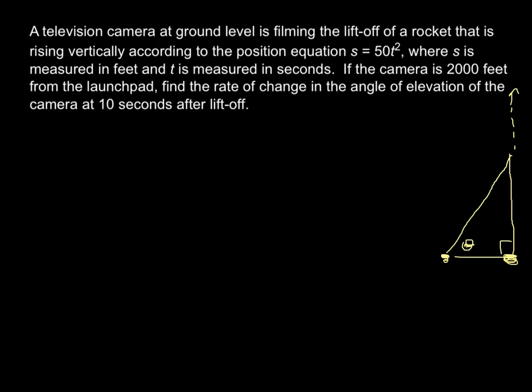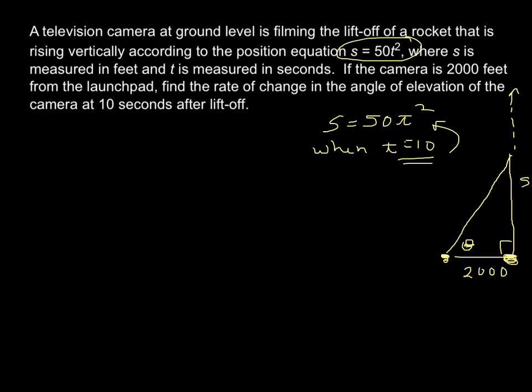So let's see what the problem tells us. The position is determined by s equals 50 t squared, and that's the height of the rocket. And the camera is 2,000 feet from the launch pad. We want to find it when t is 10 seconds, so we can find s, the position, by plugging t into the position equation.